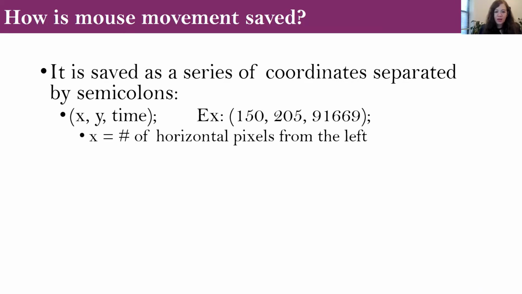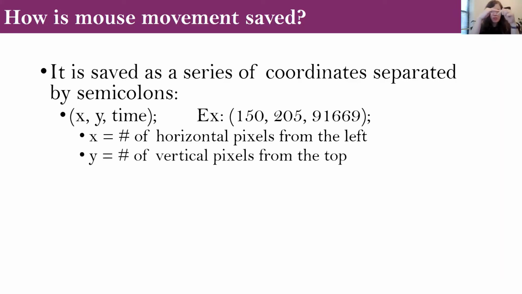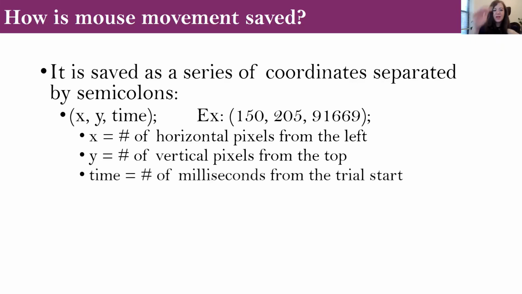X is the number of horizontal pixels from the left of the drawing interface. Y is the number of vertical pixels from the top of the drawing interface. That gives us a coordinate exactly within that square frame of the drawing interface. Finally, the time is the number of milliseconds that have elapsed from the start of the trial. As soon as the interface loads, I start the timer.